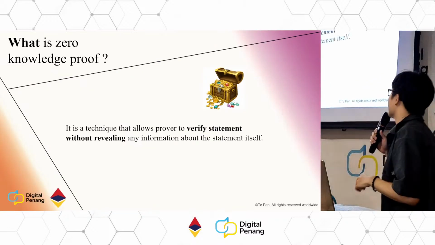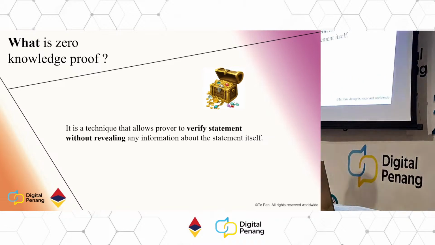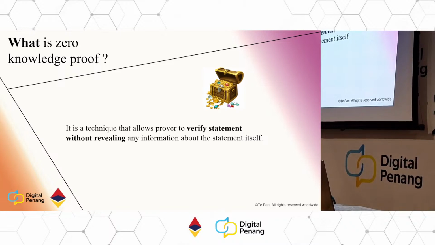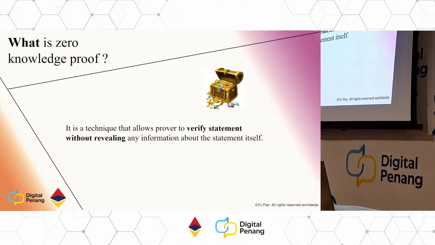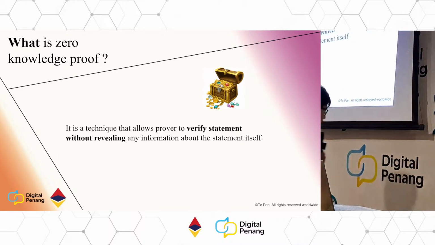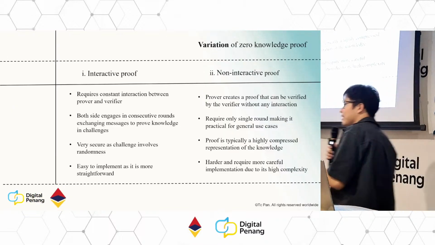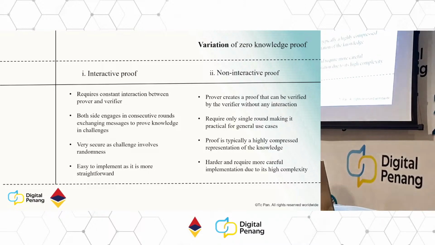So let's start with what is zero knowledge proof. It's a technique that allows a prover to prove something without revealing any information regarding what the prover is trying to prove. Just a basic definition overview. There are two variations of zero knowledge proof.